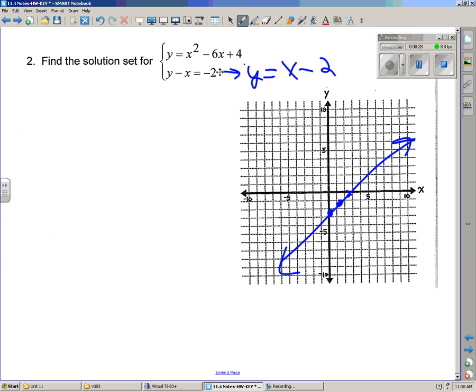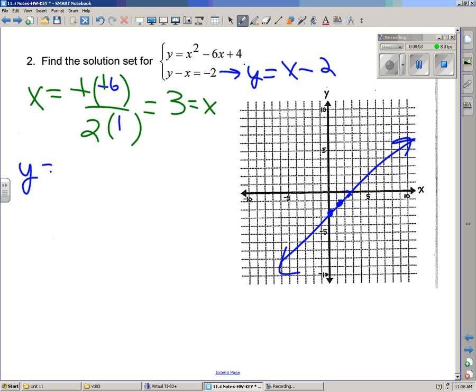For the parabola, I know that the vertex is going to start out with the axis of symmetry, your x equals negative b over 2a. I've got a negative 6 that I plug in for my b, a 1 that I plug in for my a. Negative negative 6 is positive 6 divided by 2. So my x coordinate is 3. I take that x coordinate and I plug it into the parabola.